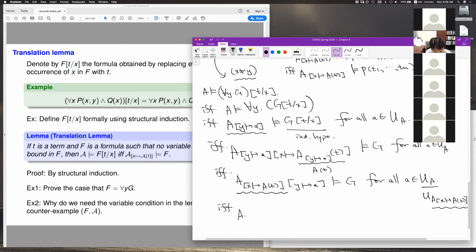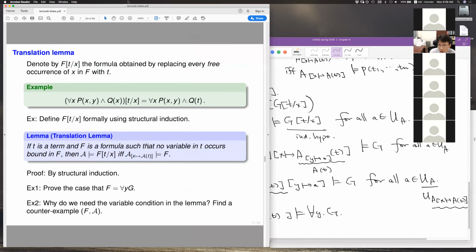So we can say X to A of T satisfies ∀Y G. And that's exactly the conclusion of the translation lemma that we want to prove. So the semantics of A satisfying the outcome of the substitution holds precisely when the updated A satisfies the formula before the substitution.